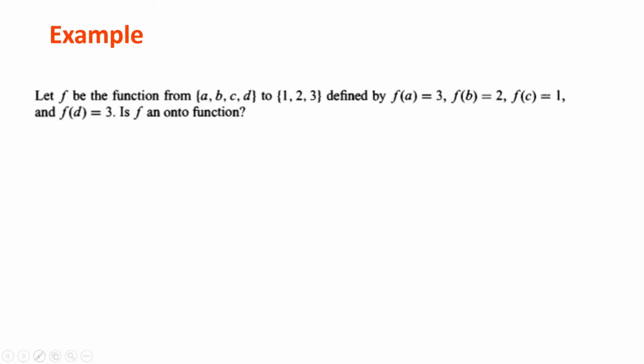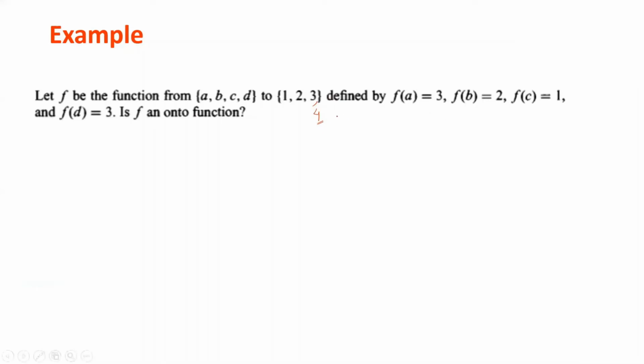If there was one more element, suppose 4 was also there in the codomain, then this would not be onto, because in that case 4 was not mapped with any element of the domain. So in that case it will not be onto.